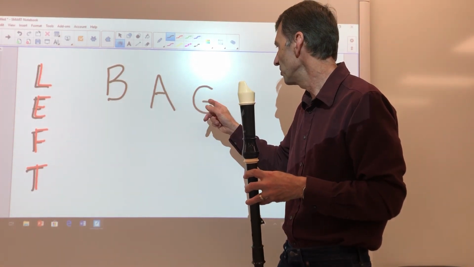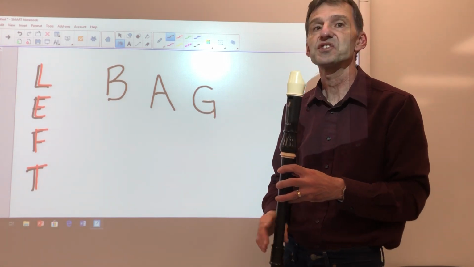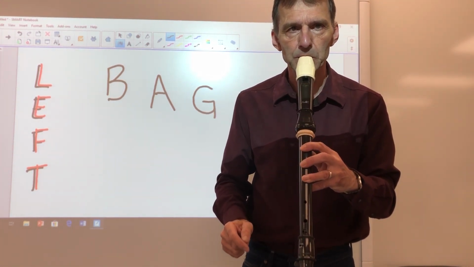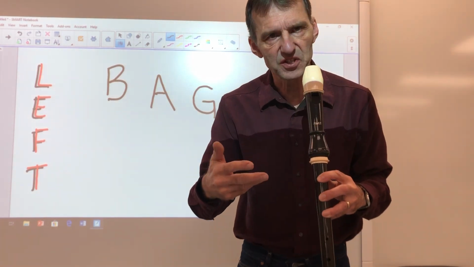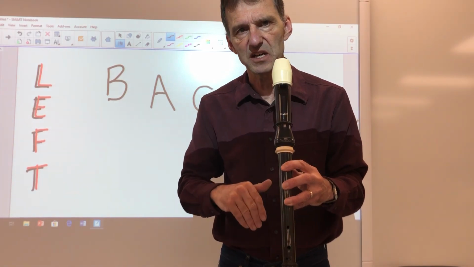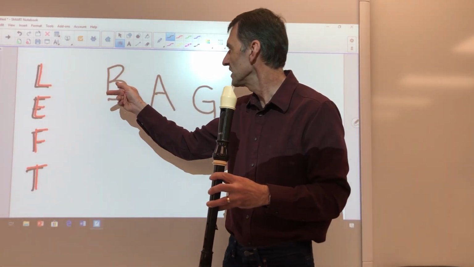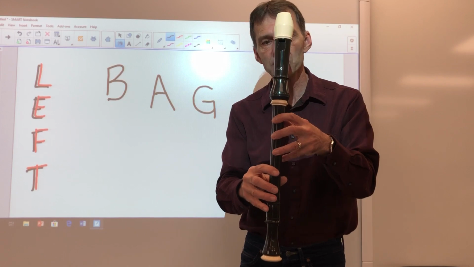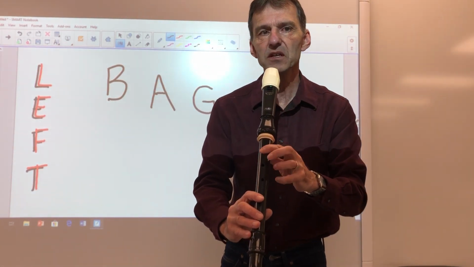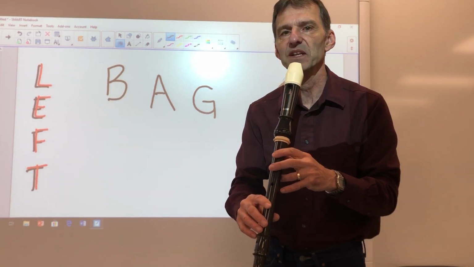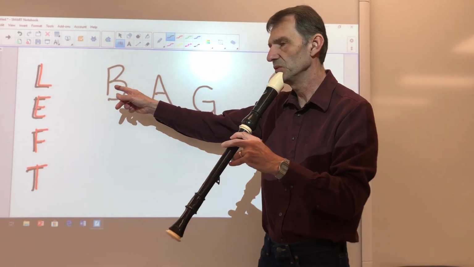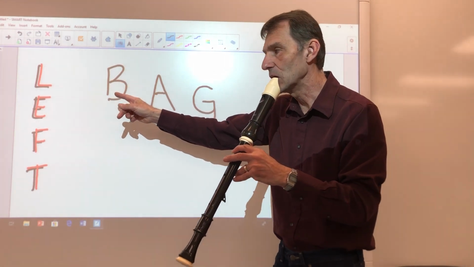And again, if I point to one of these notes several times, use your tongue to restart the note. You don't have to stop your air, just interrupt it with your tongue. Everybody ready? Get a B set. So here you are at home with your left thumb on the back, one finger for B, and let's play. I'll count to 4 and we're in. 1, 2, here we go.